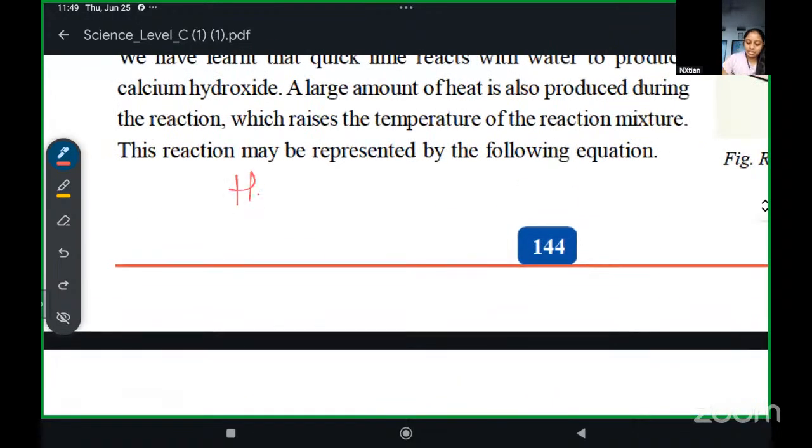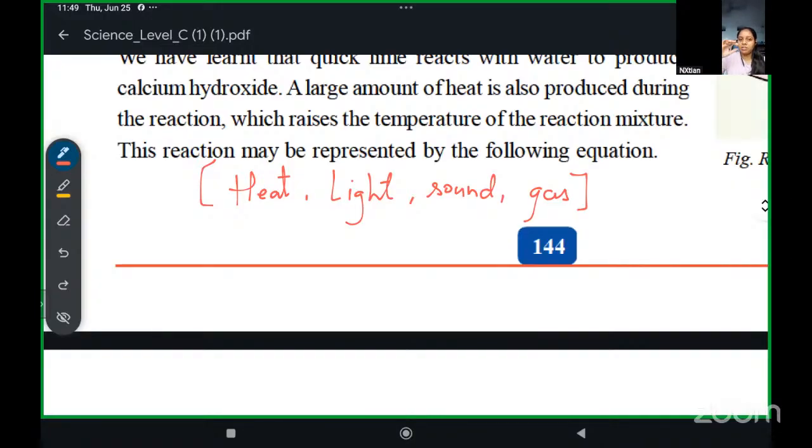Those things are heat, light, sound, and gas. So these are some things that happen when a chemical reaction is happening.